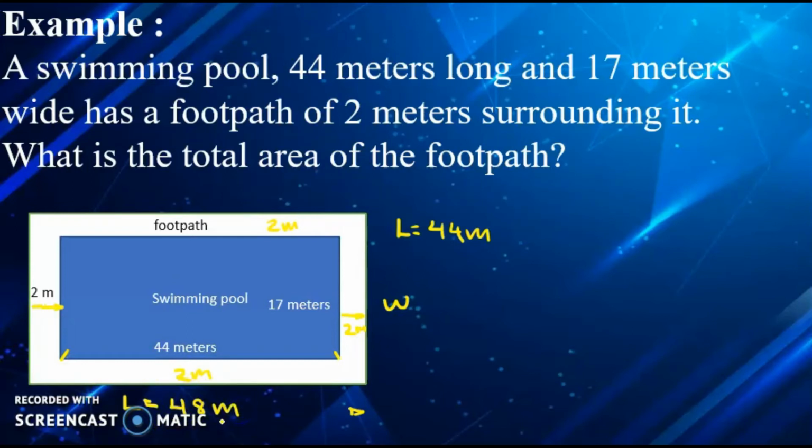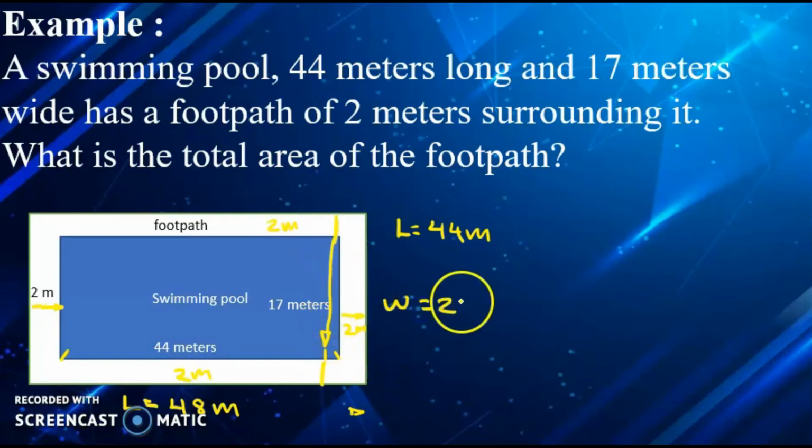Okay? And then, yung width, kung ito ay 17 meters mula doon hanggang dito, okay? So, plus 2 meters, ito, yung white part, 2 meters yan, kung sasagad natin hanggang doon. So, plus 2 meters is 19, plus another 2 meters, that is 21.